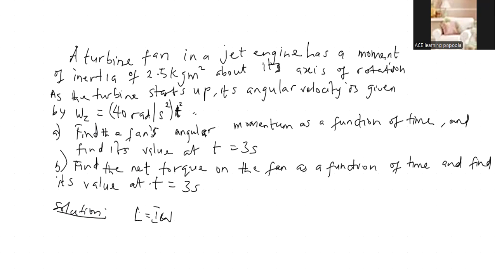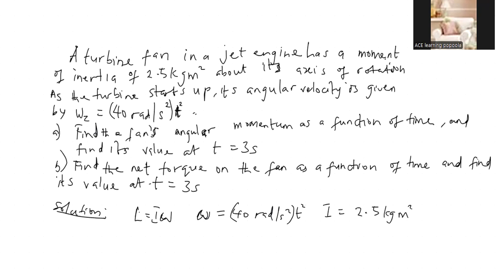In this question, we're asked to find the angular momentum, and we're given omega, the angular velocity, as 40 rads per second square t squared. And also, we're given the moment of inertia, I, as 2.5 kilogram meter squared.